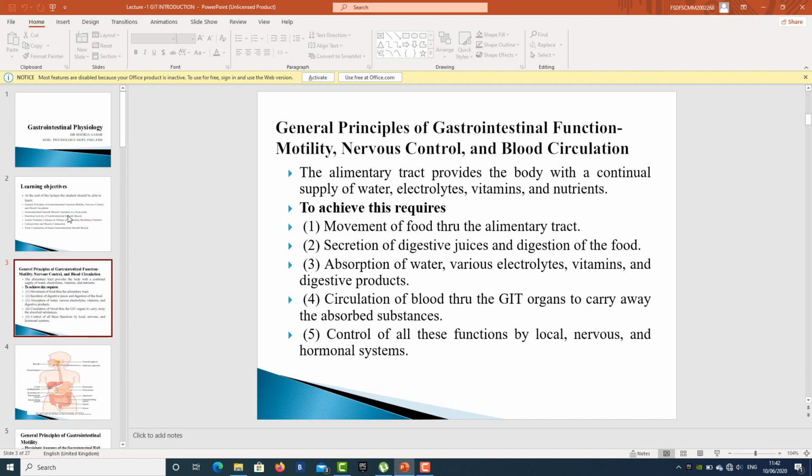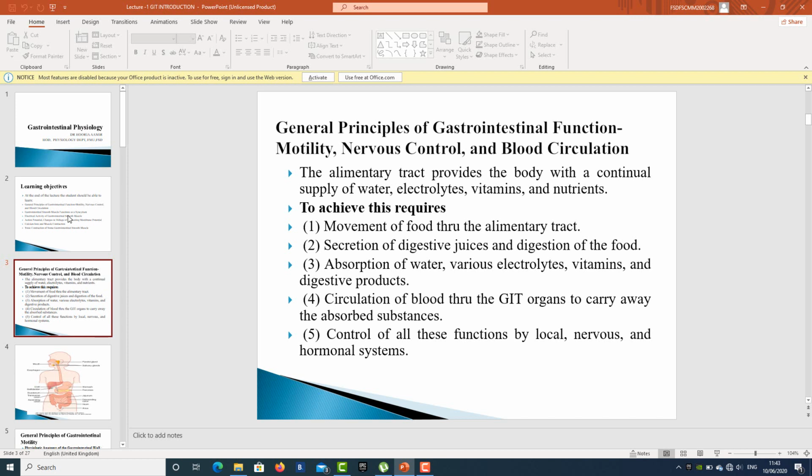Then circulation of blood via GIT organs is needed to carry away the absorbed substances to far-flung areas of the body. Then control of all these functions by the local nervous and hormonal systems so that the maintenance of homeostasis of the body is done. So all the principles of GIT should be there, and these are all actually needed in harmony.